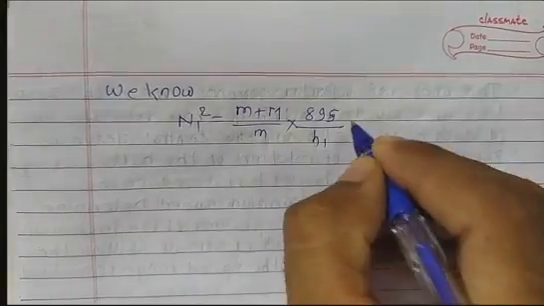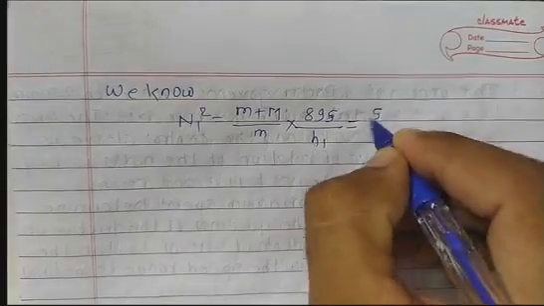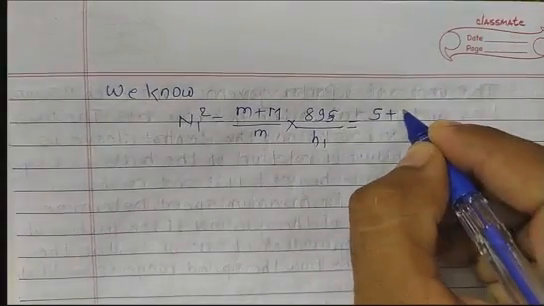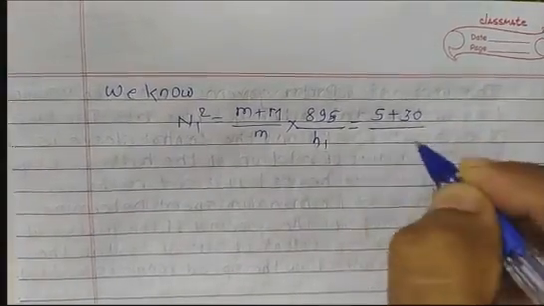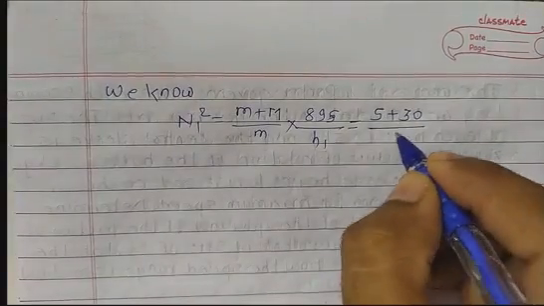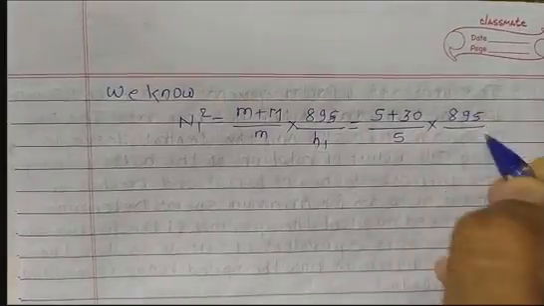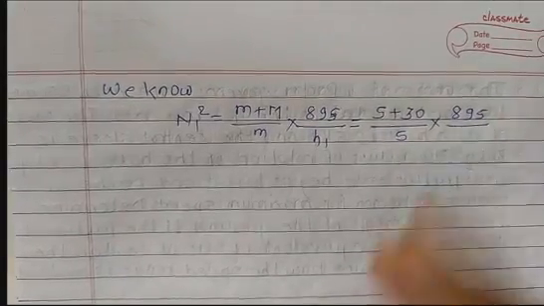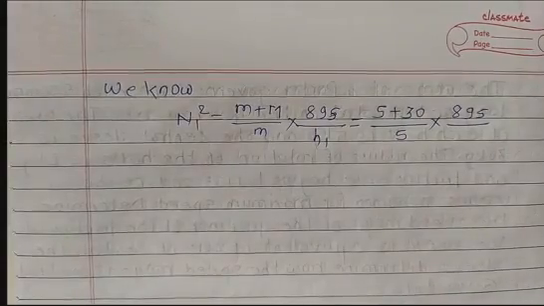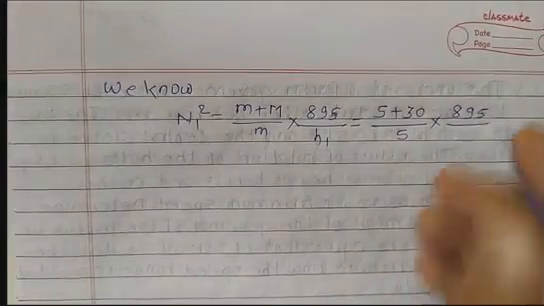So substitute the value of small m as 5, capital M as 30, divided by small m which is 5, multiplied by 895 divided by h1. The calculation for h1 is already done by us in the previous step.